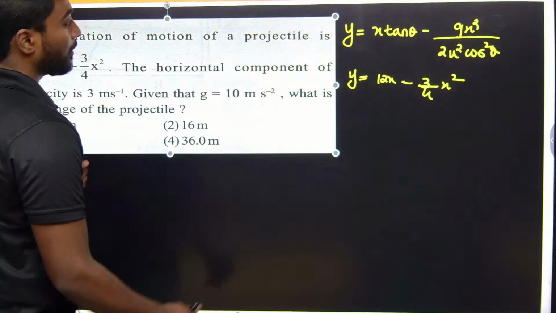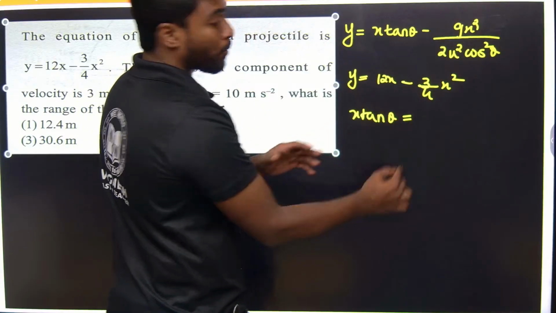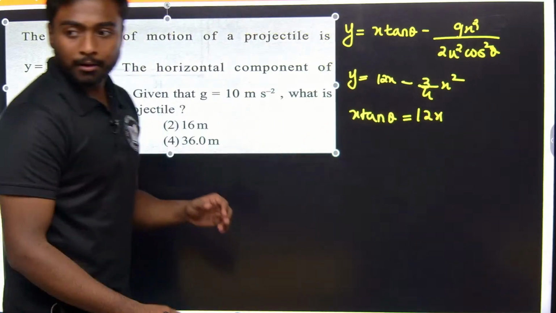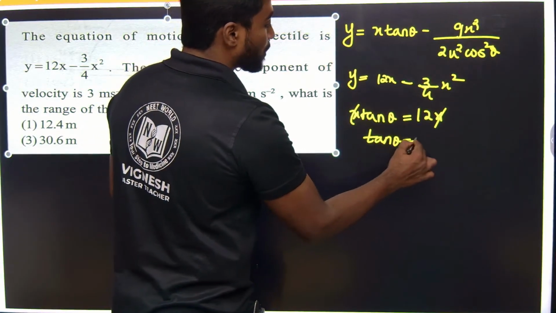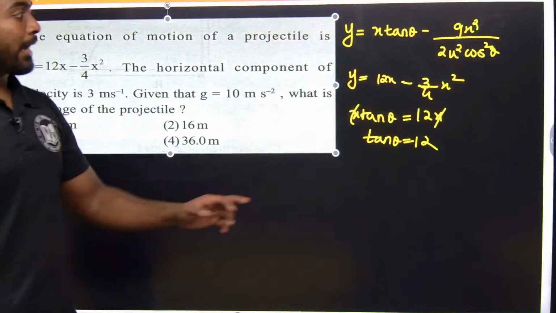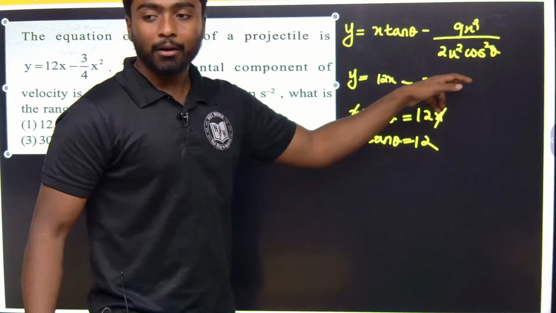What will happen here is x tan theta will be equals to 12x. So x and x will get cancelled, so tan theta will be equals to 12. Now I will take gx square by 2u square cos square theta as 3 by 4 x square.